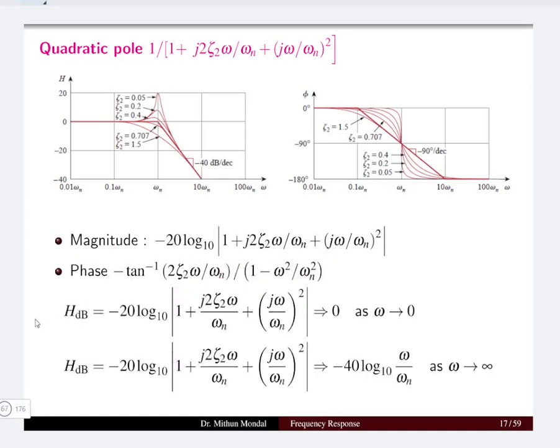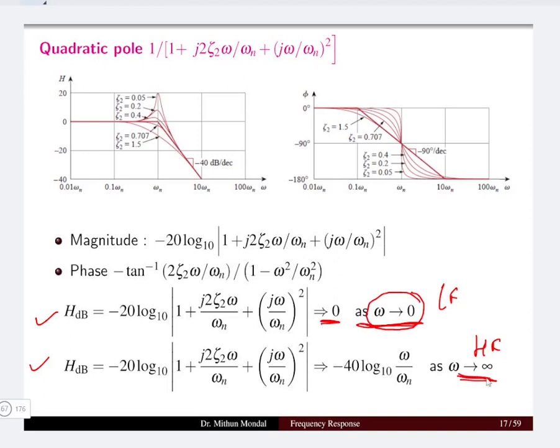So if I convert that into HdB, that is the gain, for omega tending to 0 what is happening, and for omega tending to infinity, that is very low frequency and very high frequency, then we can plot that and obtain the values. So when omega is very less, that is tending to 0, then we can see that the gain is close to 0.